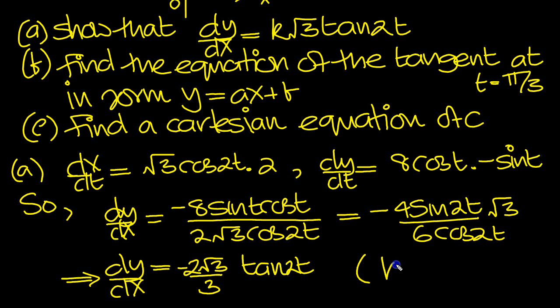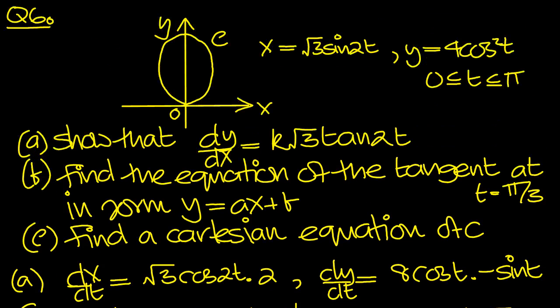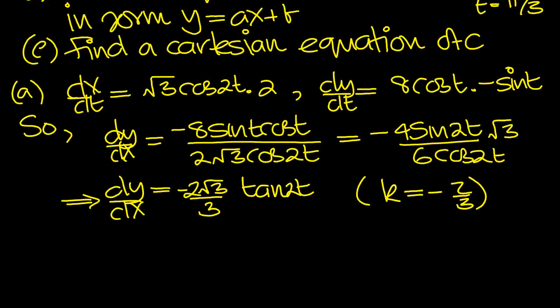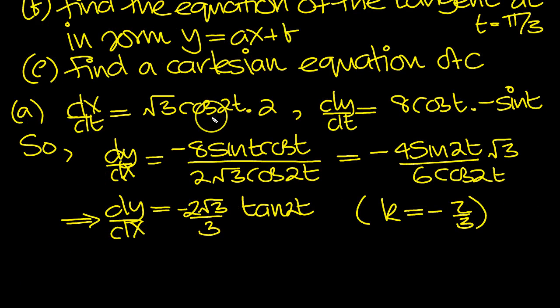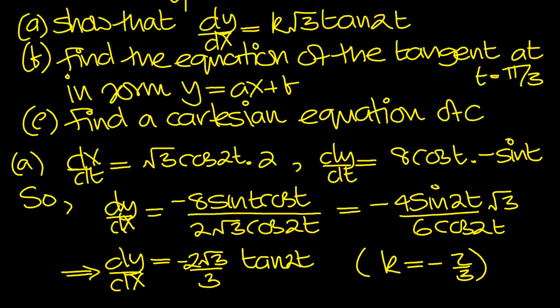So that tells us that k is equal to minus 2/3. Okay, let's just double check that. There's dx, there's dy, minus 4 sine 2t over cos 2t, which is tan 2t, minus 2/3 over root 3, so the k would be minus 2/3, that's fine. So there's dy/dx then.